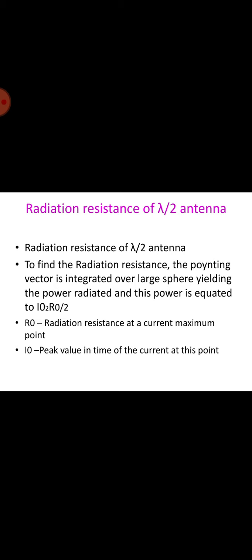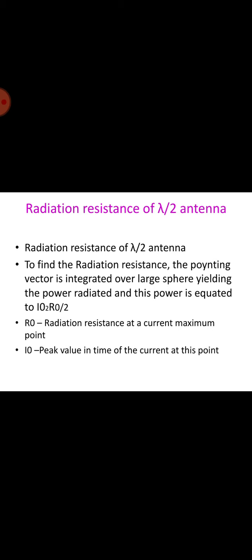And now let us consider the radiation resistance of a lambda by 2 antenna. To find the radiation resistance, the Poynting vector is integrated over a large sphere yielding the power radiated, and this power is then equated to (I naught divided by square root of 2) the whole squared into R naught, where R naught is the radiation resistance at a current maximum point and I naught is the peak value in time of the current at this point.